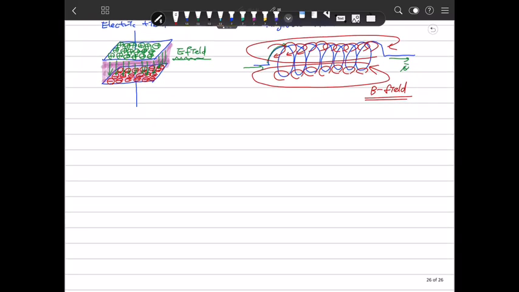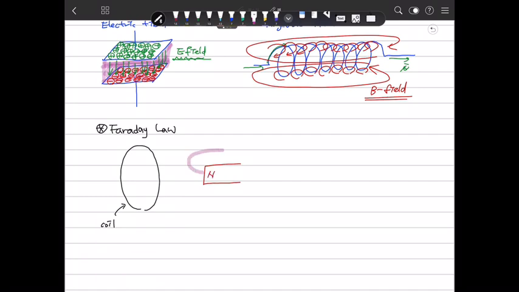To understand that, we need to know about the Faraday law. And what is the Faraday law? Suppose there is some coil here, this conductor coil. Then there is a magnet here, and the magnet has a magnetic field in this way.